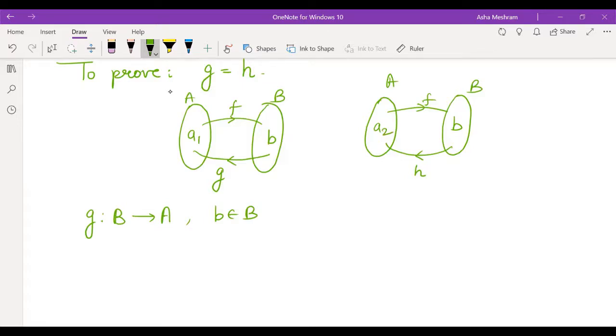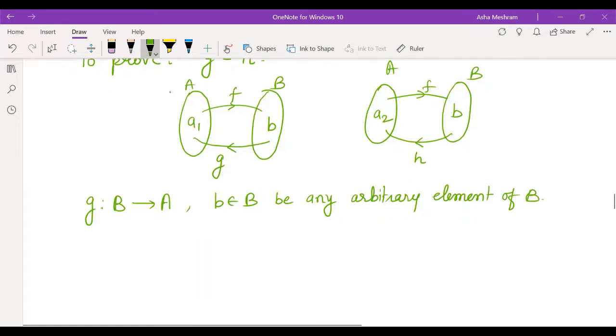Okay, so let b belong to B, be any arbitrary element of B. So for the G mapping, we must have that G of b equals some a1.